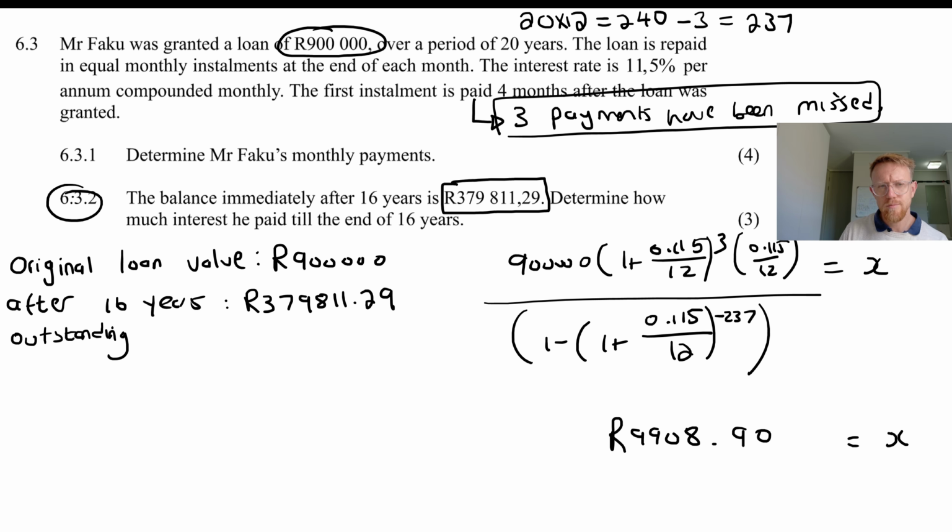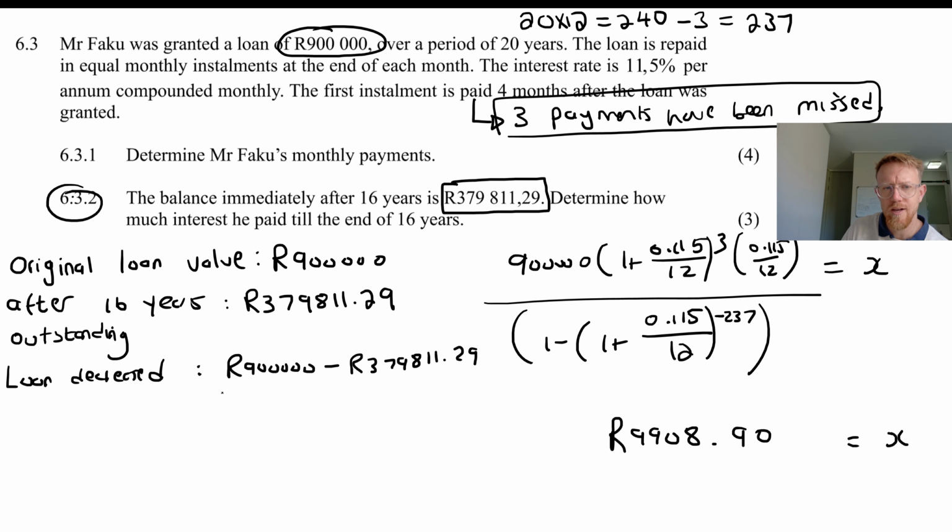So let's first see how much the loan has decreased by. So you can say 900,000 minus 379,811.29, and that'll give us 520,188.71. So that is how much the loan has gone down by.